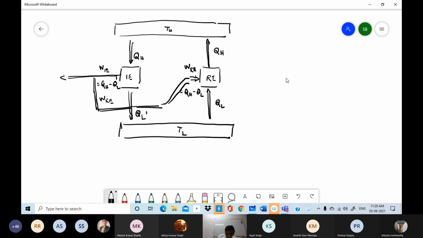So the remaining part is this. In fact, that QL, all that property I need not have considered. We know that WIE minus WRE is positive.